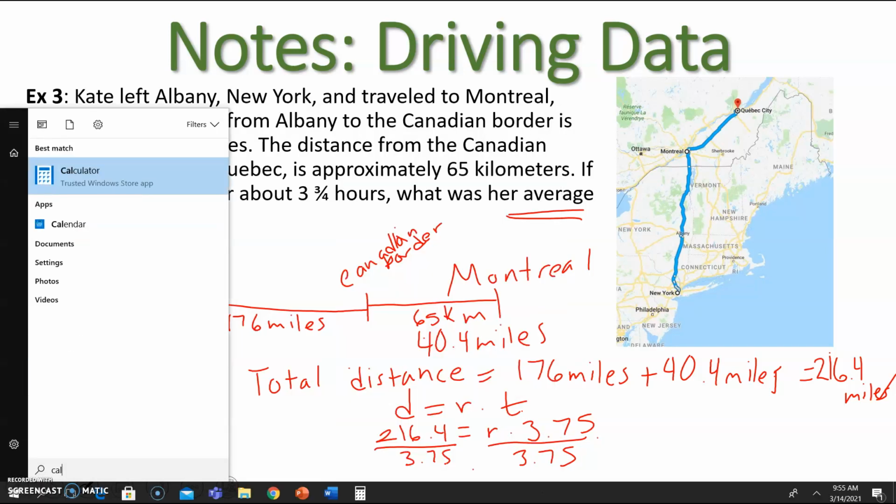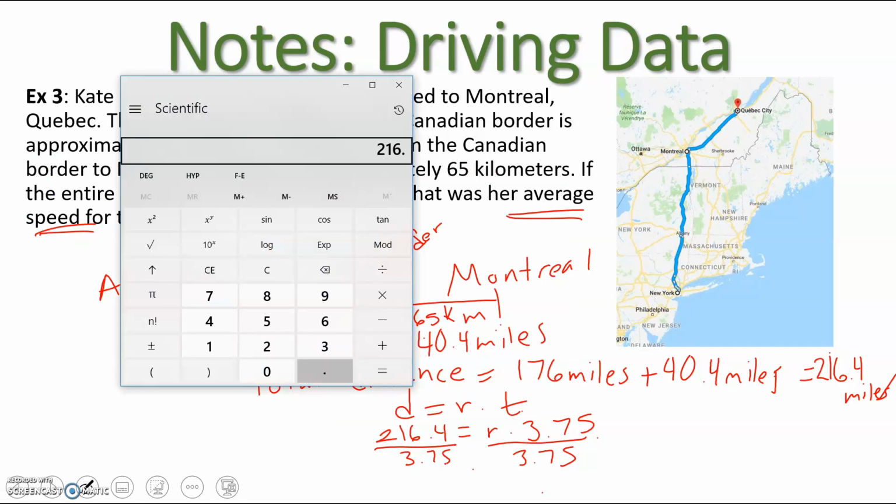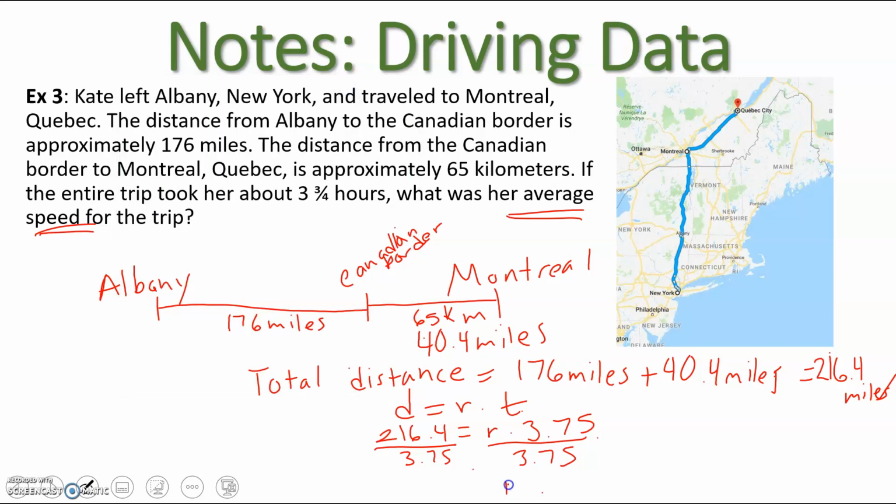So that gives us 216.4 divided by 3.75, or about 57.7 miles per hour. So r is equal to 57.7 miles per hour. So we would say then, on average, Kate was traveling about 57.7 miles per hour.